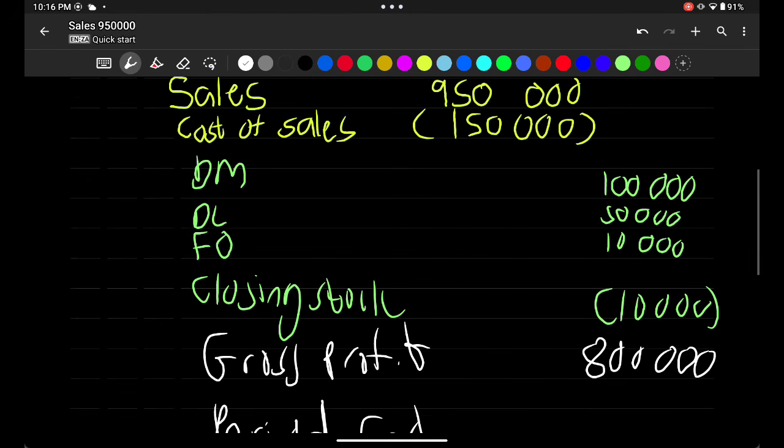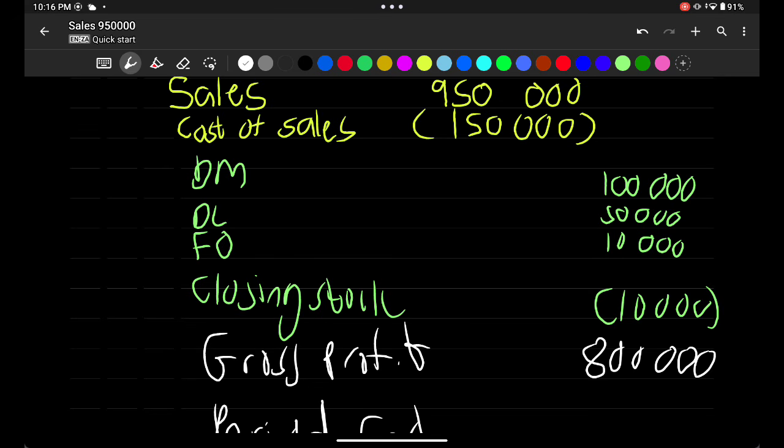Now, what are the other ways they can give you this, like closing stock? They'll say the closing balance of closing stock is 10,000. We'll say minus 10,000 under closing stock. Now, if they say finished goods stock at the end of the year, or the closing inventory of finished goods stock is 10,000, you'll also minus 10,000.